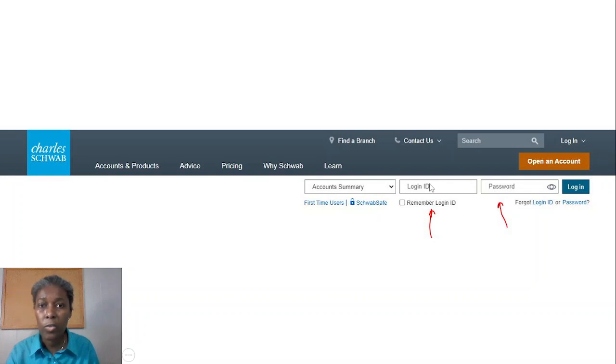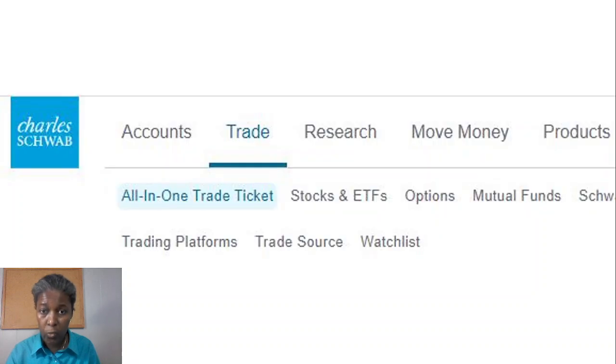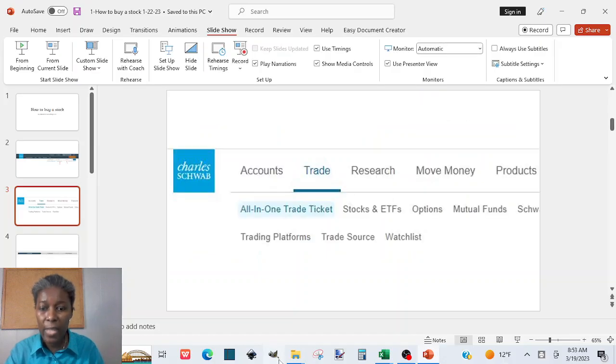So you will enter your login and your password information to log into your account. So under account, in this process, let's assume there is a stock that you researched, you have it, and you want to trade that stock. You want to purchase that stock.